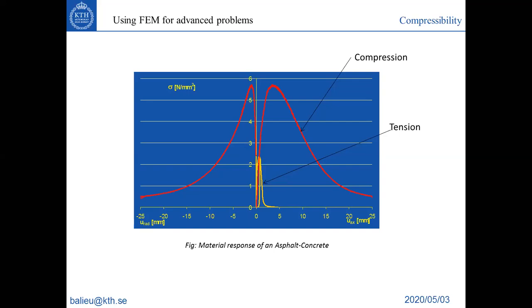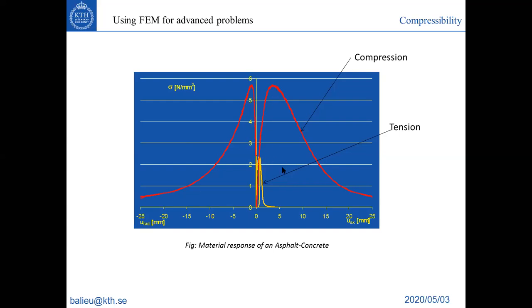Here, what you have to do is make a test in compression and in tension to determine the peak stress in both, and use the Drucker-Prager yield surface, which is able to take into account the difference between compression and tension.